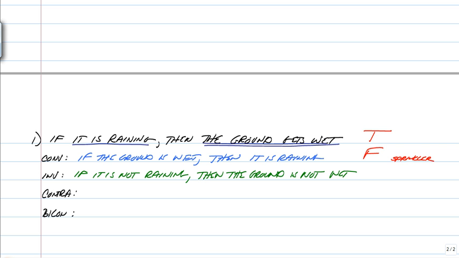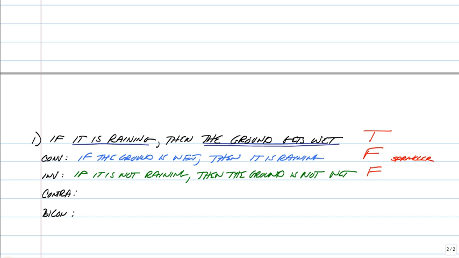And we can go right back to the converse and say that's also a false statement for the same reason as the sprinkler. If it's not raining, the ground can still get wet. It could be a sprinkler. It could be you were washing your car. It could be any number of reasons why the ground is wet, but it's not raining. So usually if the converse is false, so is the inverse.